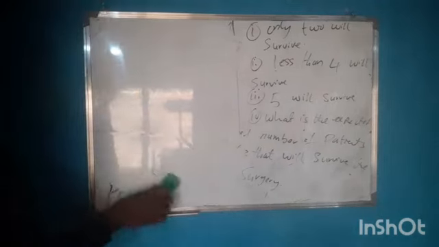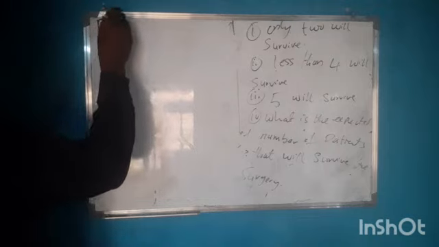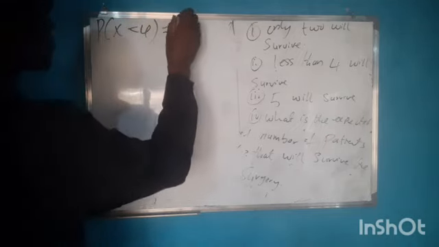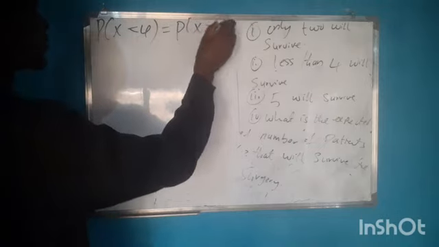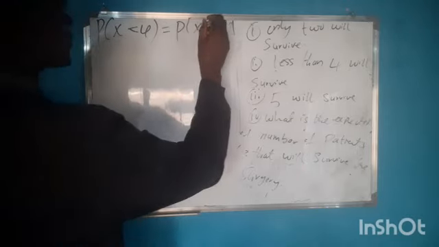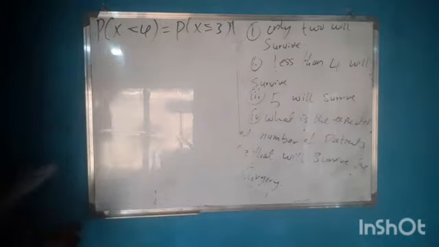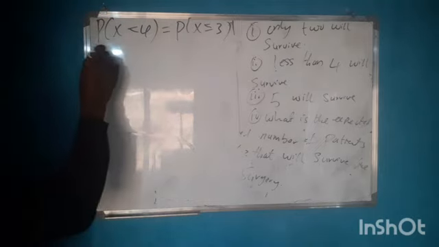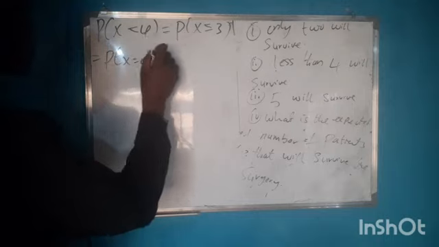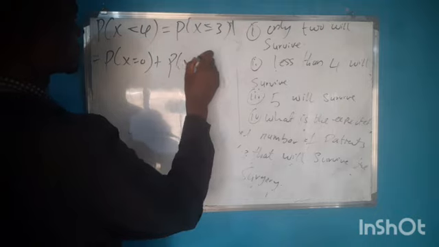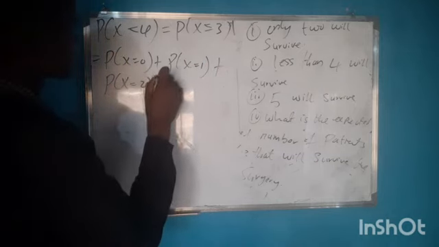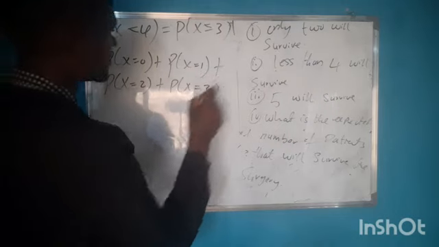Less than 4 will survive. The probability of x less than 4 is equal to the probability of x less than or equal to 3, which is equal to probability of x equal to 0 plus probability of x equal to 1 plus probability of x equal to 2 plus probability of x equal to 3.